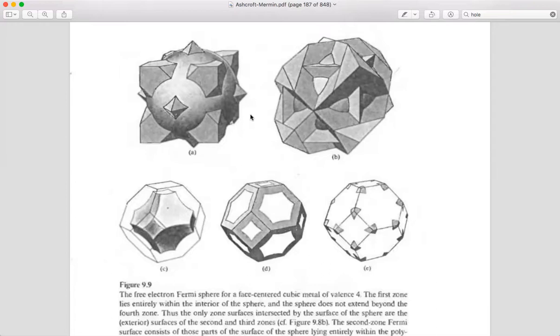Knowing the electron density, that is N in my Sommerfeld picture, I can calculate Kf. So in reciprocal space, I know what my Fermi wave vector is, what Kf is. A sphere with that radius will be my Fermi sphere in the completely free electron picture.